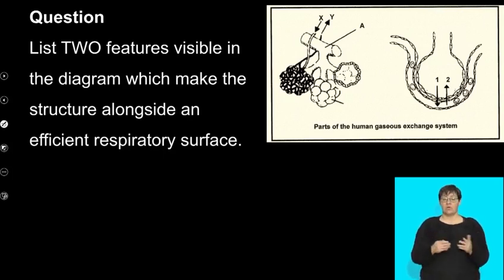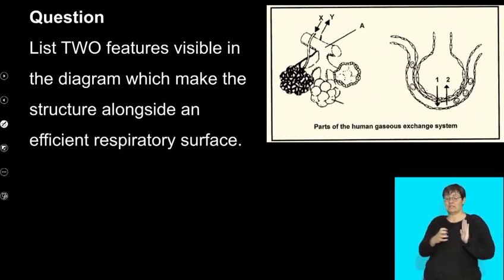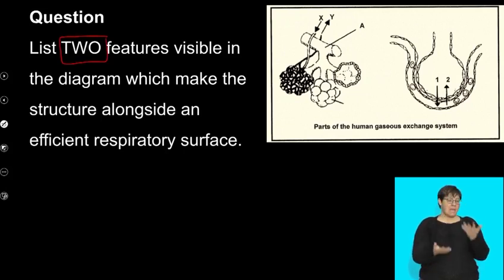The last question is, list 2 features visible in the diagram which make the structure alongside an efficient gaseous exchange. Now guys, they've only asked for 2, but I think we might be able to see that there are quite a few more. But let's just have a look.